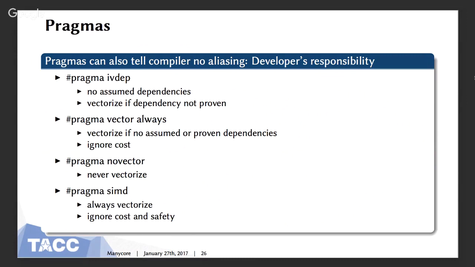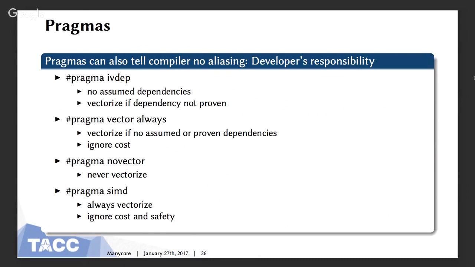So like in the previous case where maybe we have some kind of aliasing, it's not going to assume that those are aliased. It'll vectorize if it can't prove that there's a dependency, like a read after write, for example. That would be a dependency that would prevent it from vectorizing.